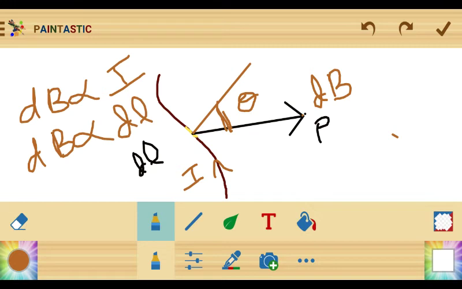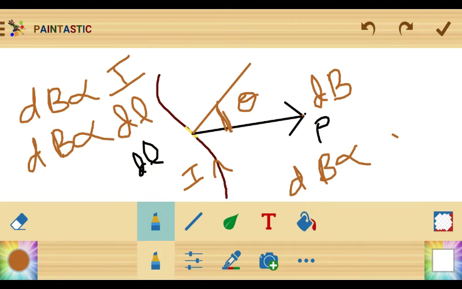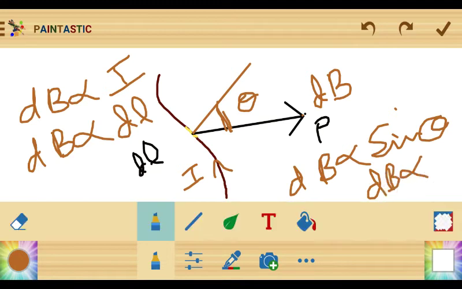Again, dB is also proportional to the sine of the angle theta, the angle between the perpendicular and the line to point P. And dB is inversely proportional to r square, where r is the distance from the center of the current element to point P.